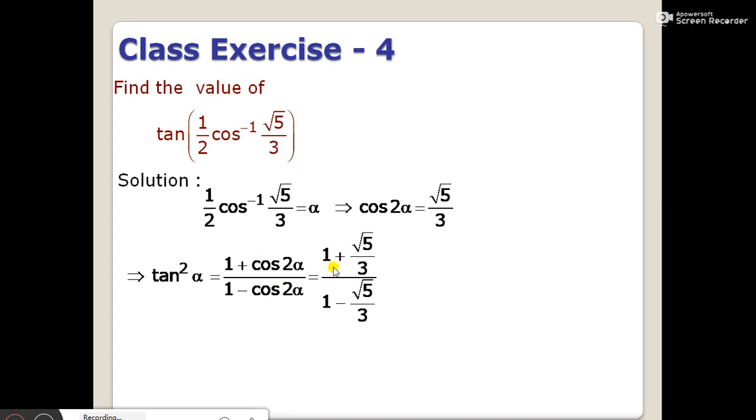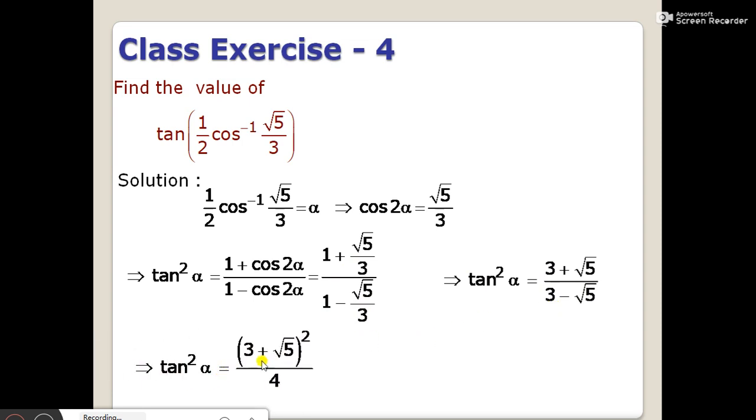Substitute the values here: cos 2 alpha, 1 plus root 5 by 3 and 1 minus root 5 by 3, and simplify this, we get tangent square alpha is equal to 3 plus root 5 upon 3 minus root 5.